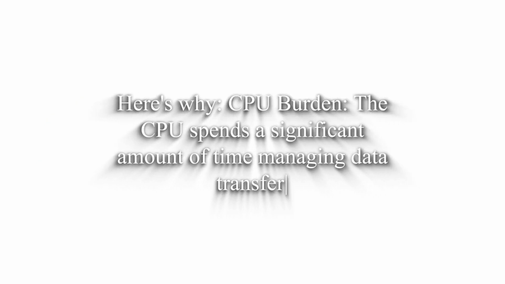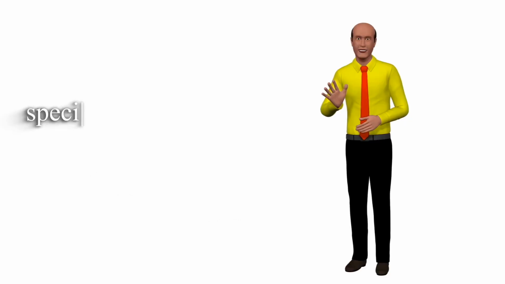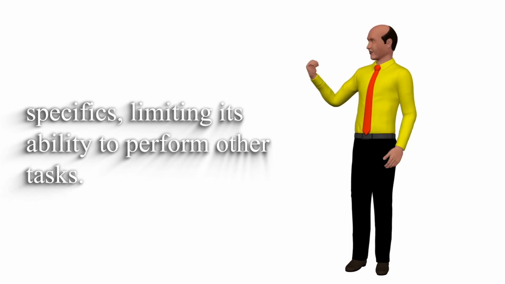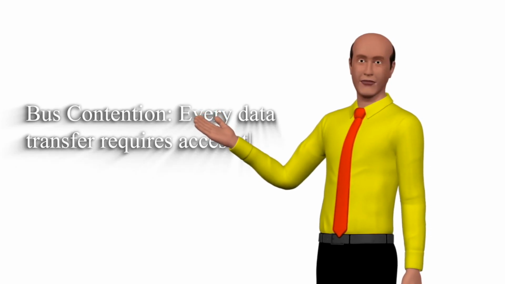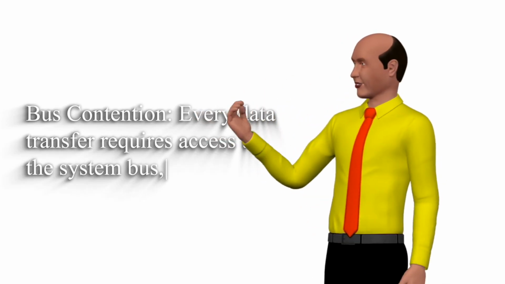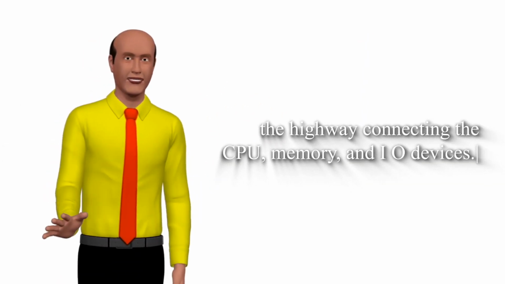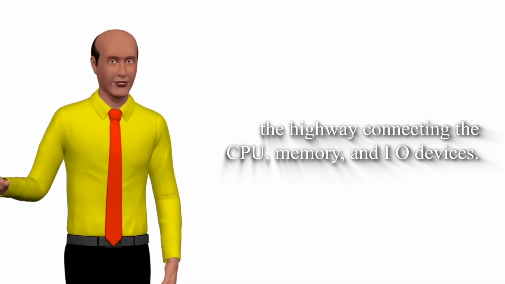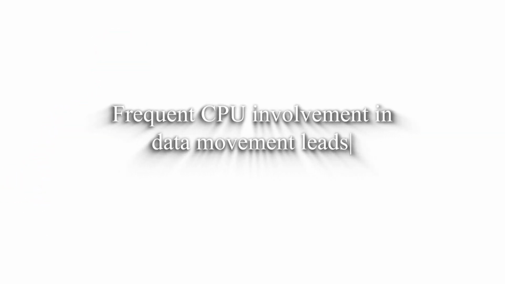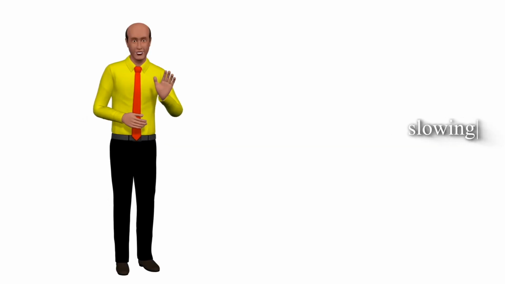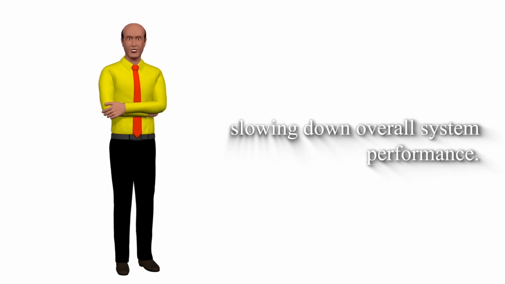Here's why. CPU burden: the CPU spends a significant amount of time managing data transfer specifics, limiting its ability to perform other tasks. Bus contention: every data transfer requires access to the system bus, the highway connecting the CPU, memory, and I/O devices. Frequent CPU involvement in data movement leads to increased bus contention, slowing down overall system performance.